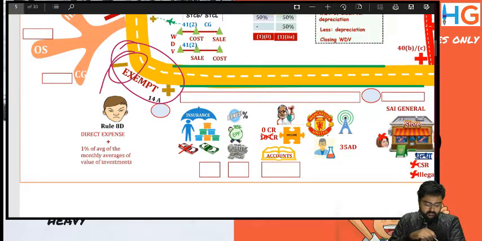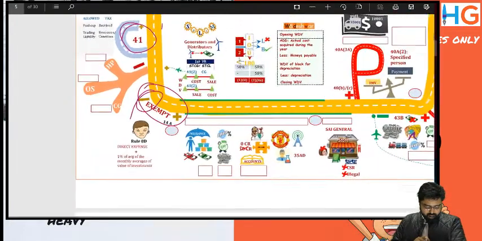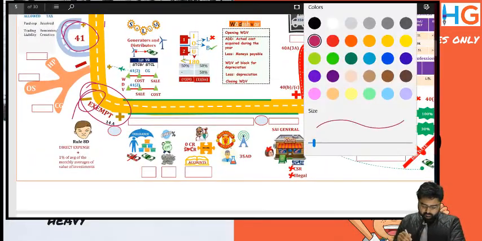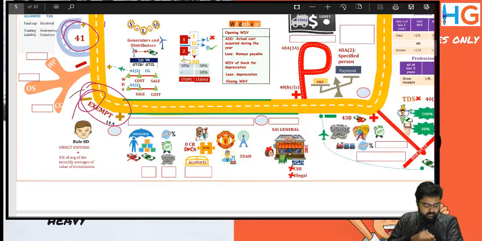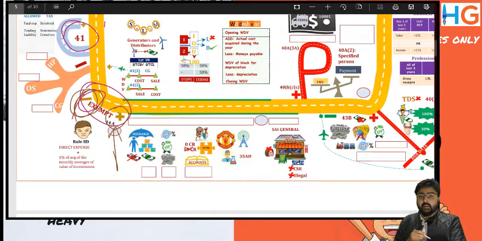As soon as we see exempt income, we'll deduct it. We'll check any expense debited to the P&L account related to exempt income, and we'll add it back. This is as per section 14A.